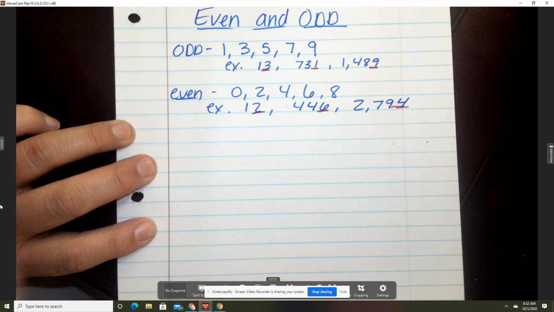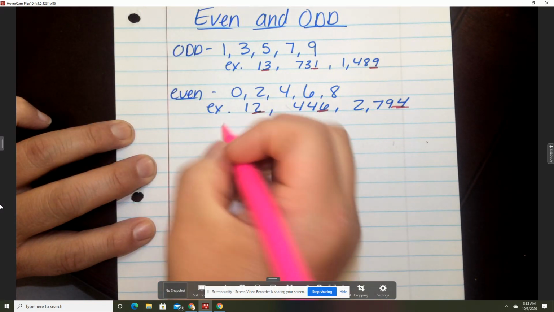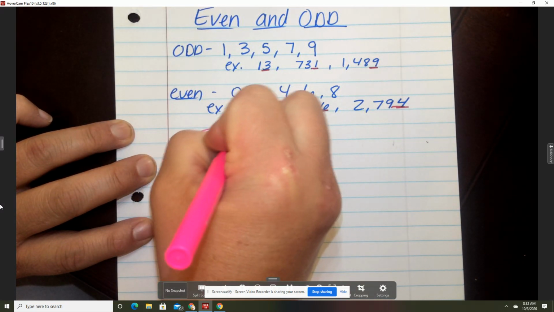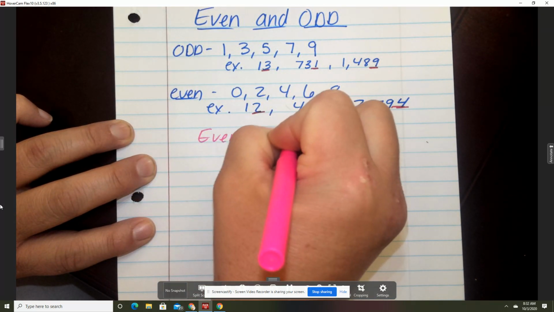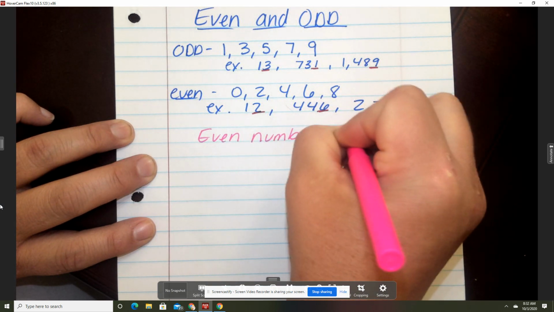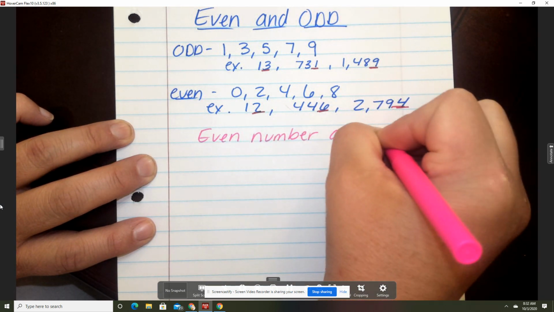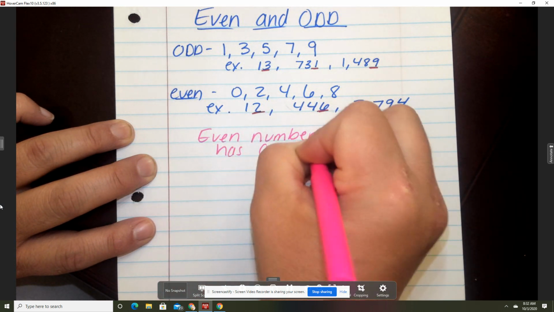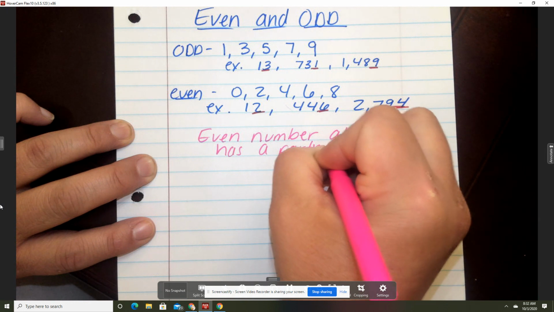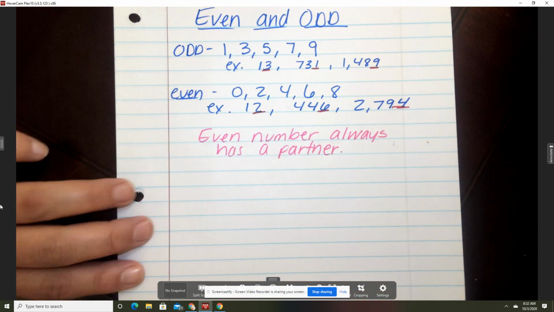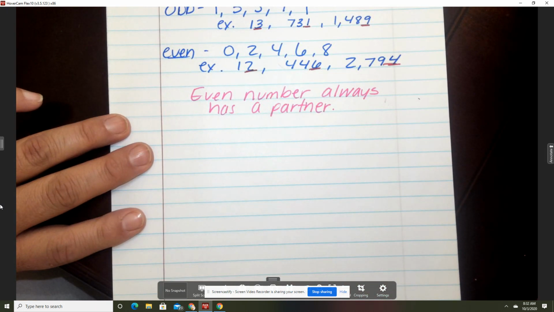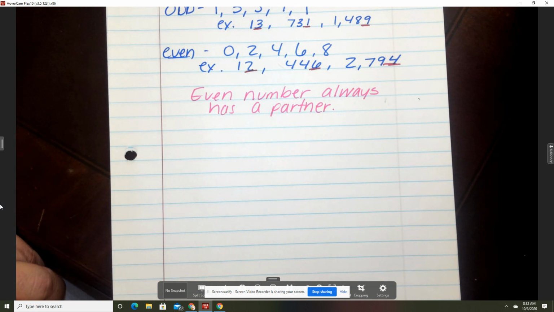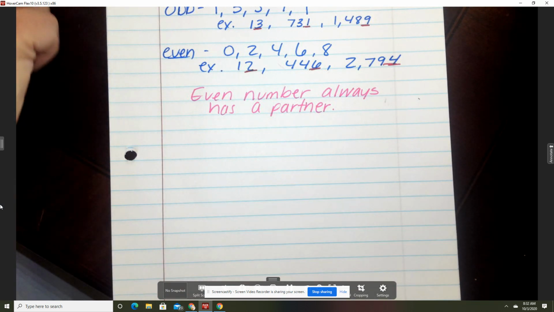So an even number always has a partner. All right, so what do I mean? Well, I mean that if you are grouping items or grouping things, you have to have a partner to be considered even.